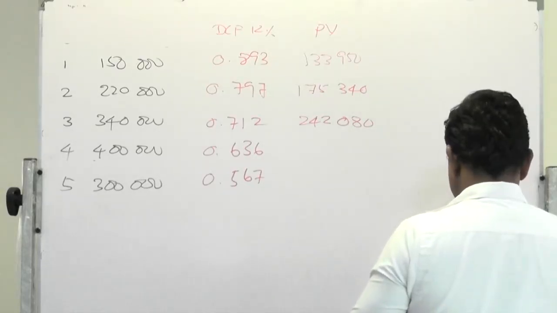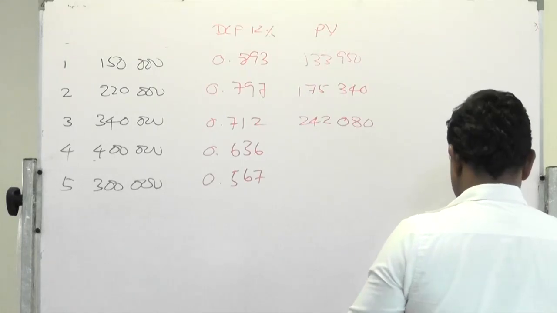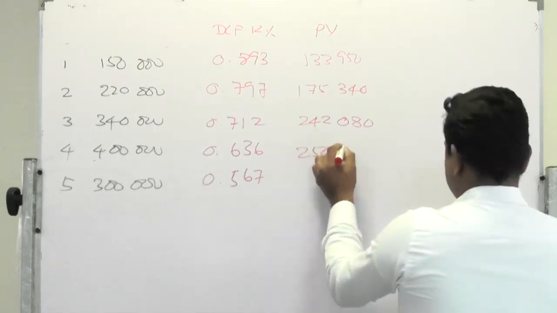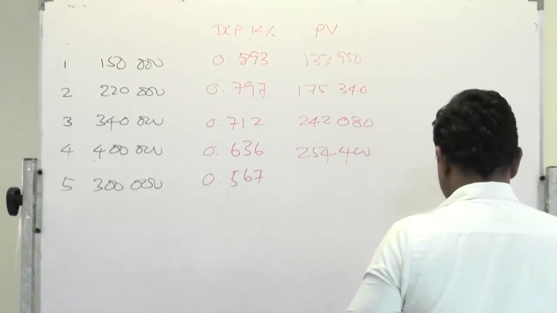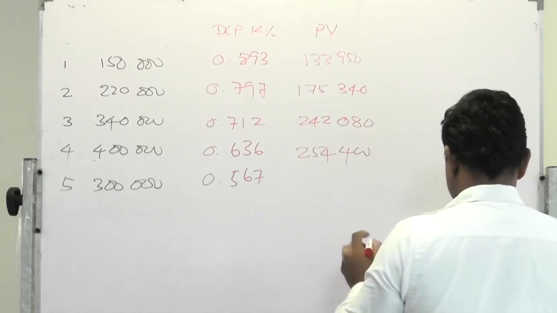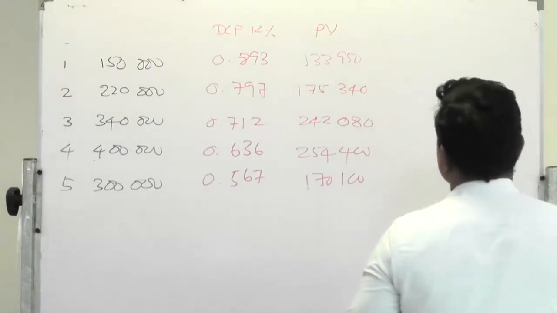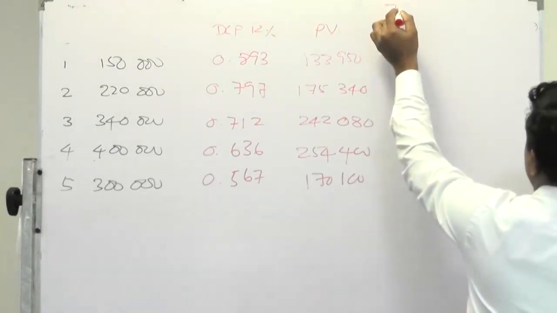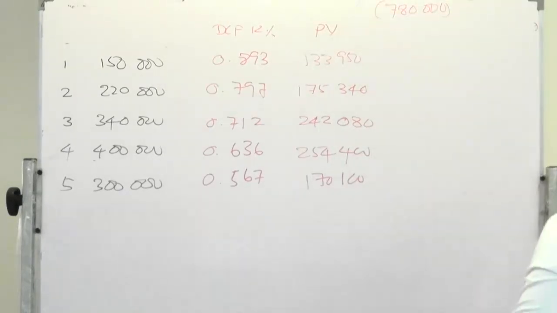Then 400,000 into 0.636, that is 254,400. Then 300,000 into 0.567, that is 170,100. Now we require to recover 780,000 which was incurred at year 0.